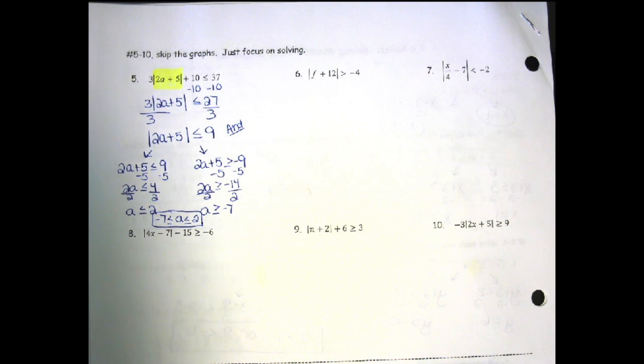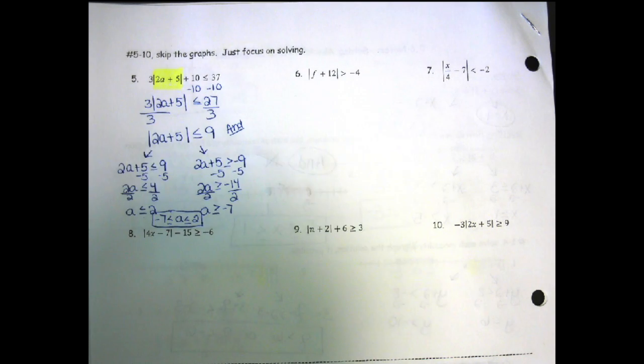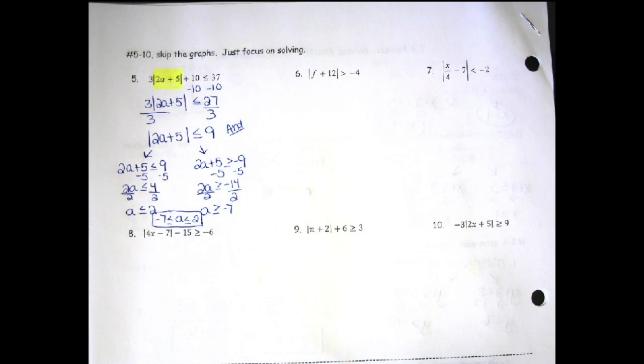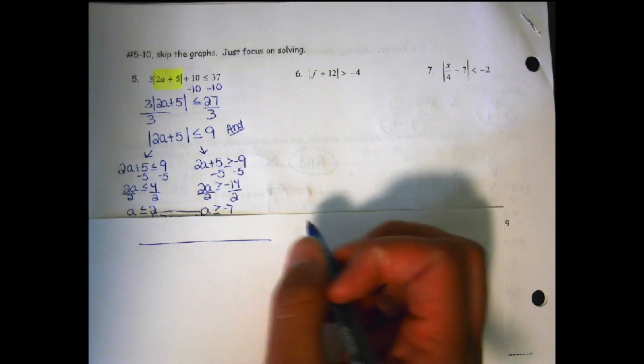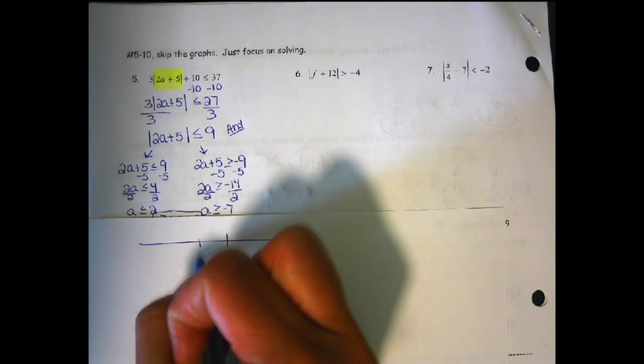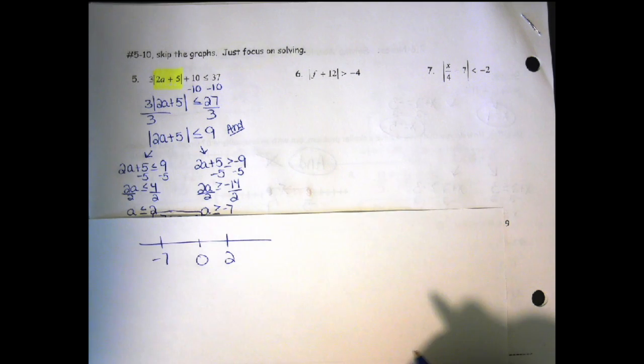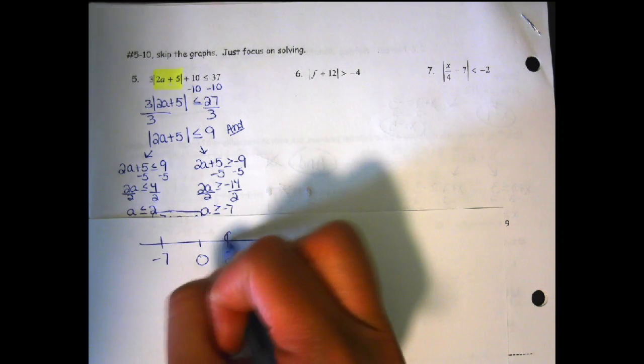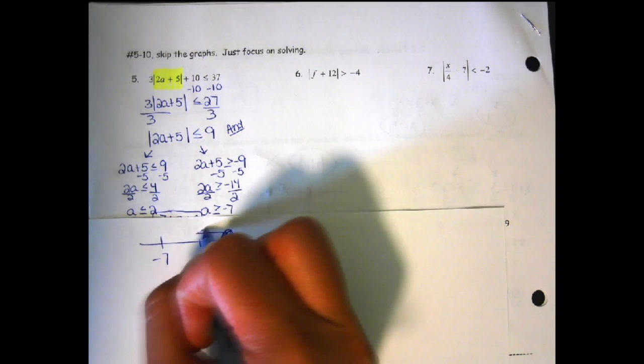Also, if you notice, we do not have any graphs on this side. If you're still confused on whether it's an "and" or an "or", you could take a separate sheet of paper and just do yourself a rough sketch. I've got 2, I've got -7. Notice it says less than or equal to 2, so it's going this way.